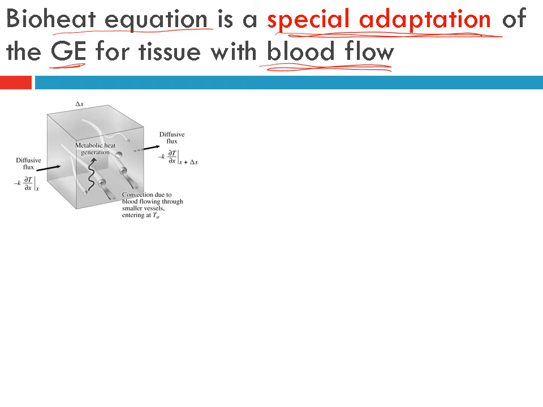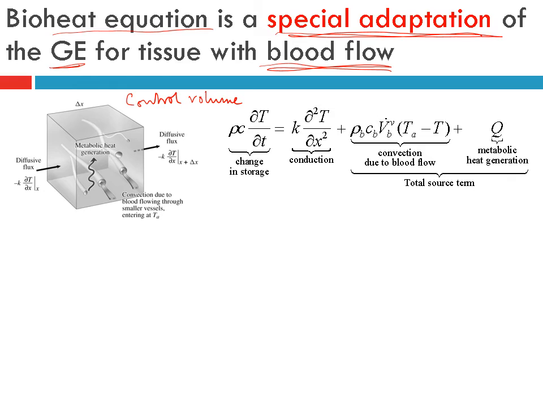If you recall, this was our control volume when we derived the governing equation in Cartesian coordinates. You remember there's a change in storage term, there's a conduction term, and there's a heat source term.